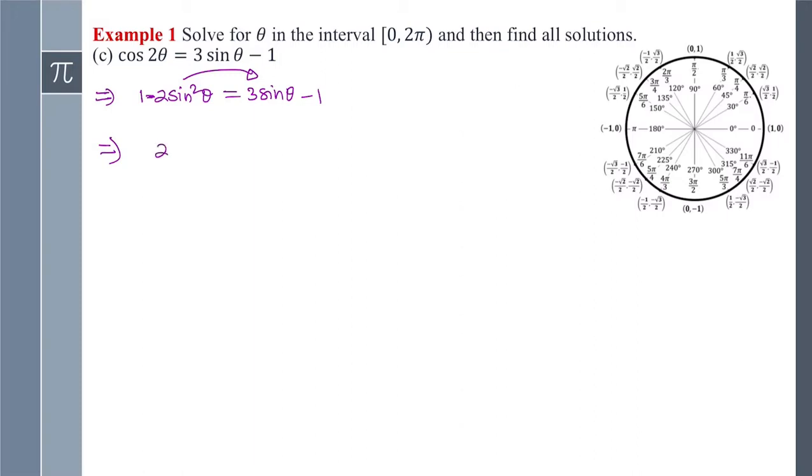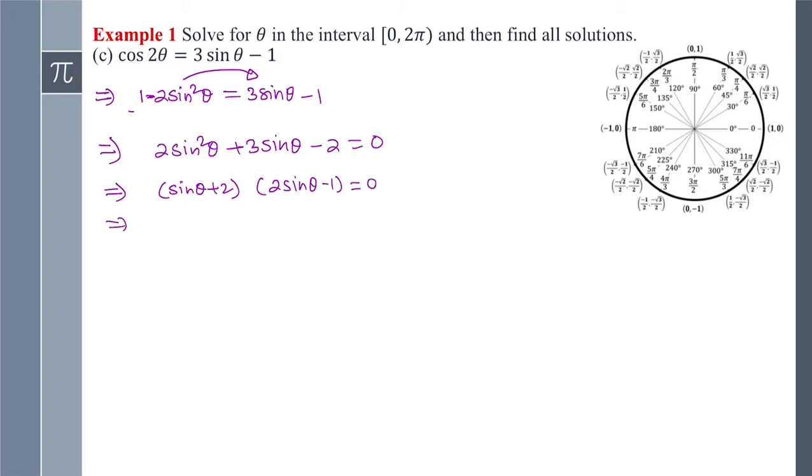So that gives us 2 sine squared theta plus 3 sine theta, and then when we subtract 1, we get minus 2 equals 0. Again, this is a quadratic equation, so we can factor this. So the factors are sine theta plus 2 and 2 sine theta minus 1 equals 0.